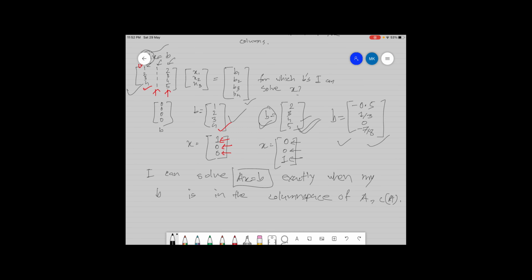So I have another question, and that is, do all the columns contribute something new to the column space?